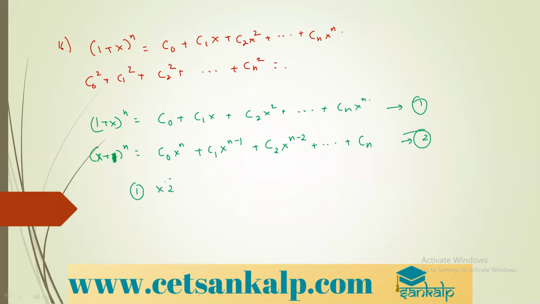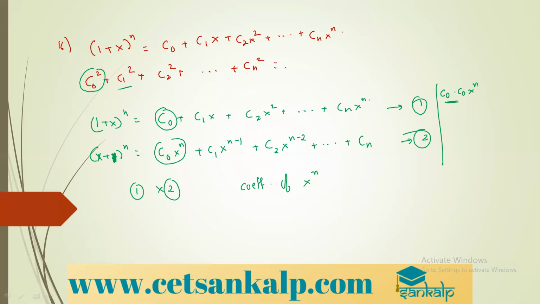After multiplying 1 and 2, I have to take the coefficient of x power what? For that you see here C0 square. If I multiply C0 and this, on the right side I will write C0 C0 x power n. I will get C0 square, and that is the coefficient of x power n. So I have to take the coefficient of x power n.